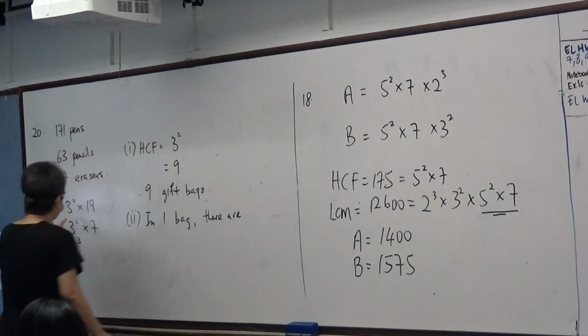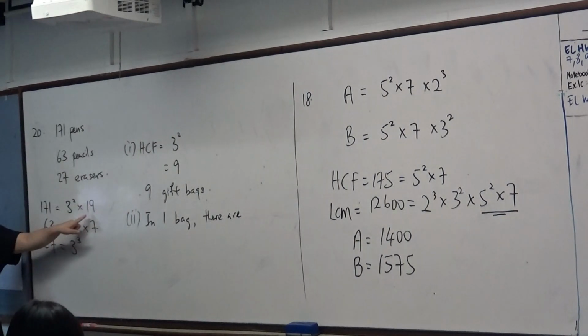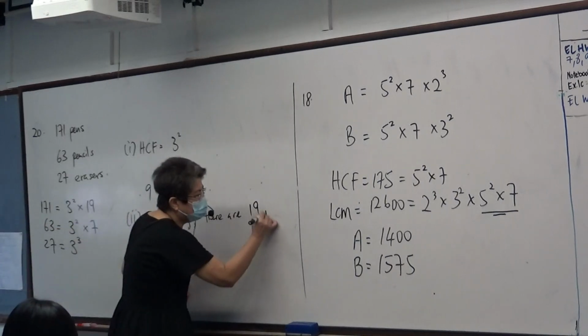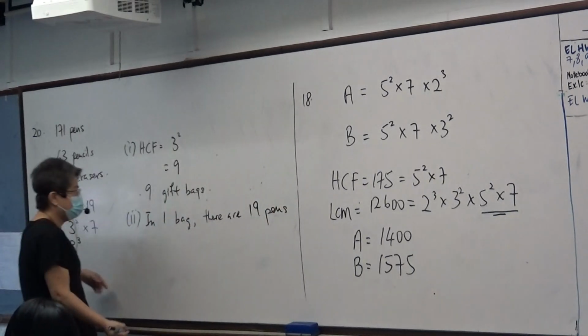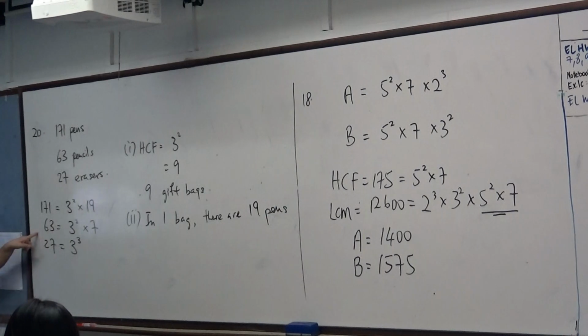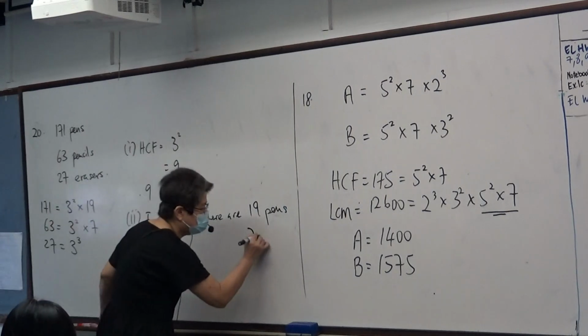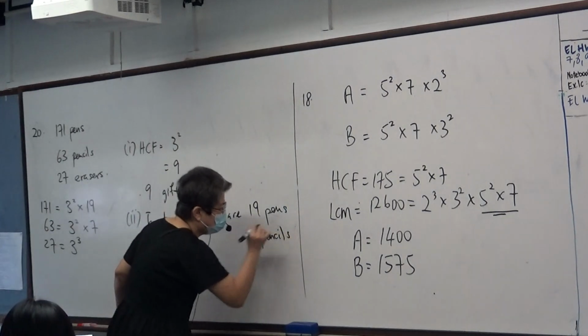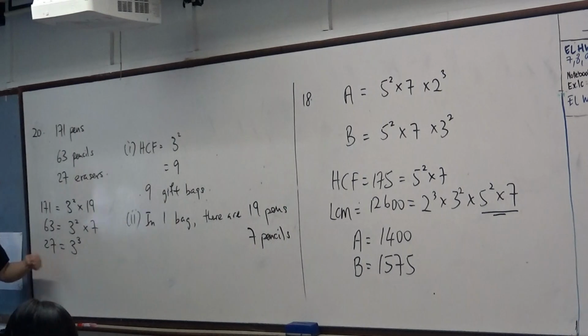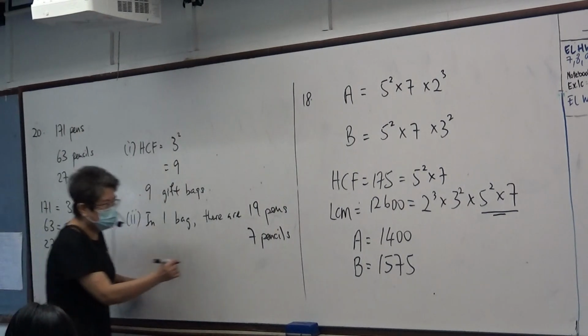Can you see this is already 9? So how many pens? 19, right? Okay. 19 pens. How many pencils? It's already 9. So how many? 7. Okay. How many erasers? 3. Very good.